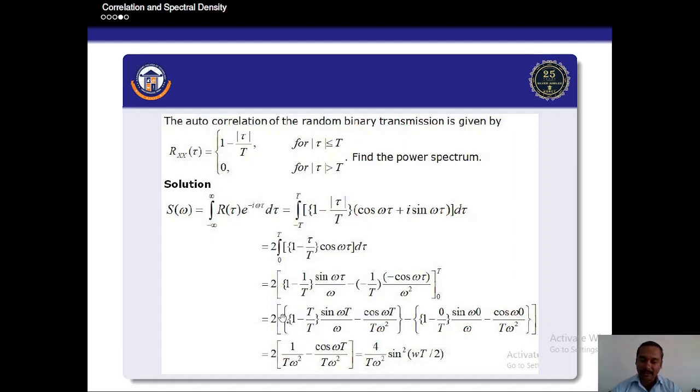The first term is 0 because of the 1 minus 1 form. Here sine 0 is also 0, so the balance term is 1 minus cos omega T divided by T omega square. Now take this denominator as common, so using 1 minus cos 2 theta equivalent to 2 sine square theta, the final form is 4 by T omega square, sine square of omega T divided by 2.